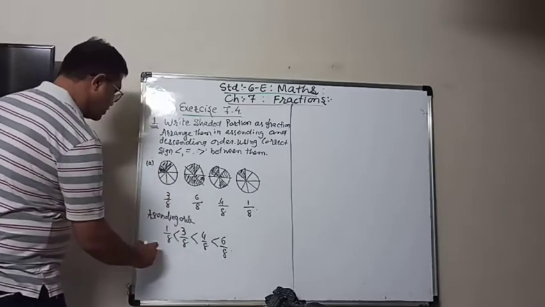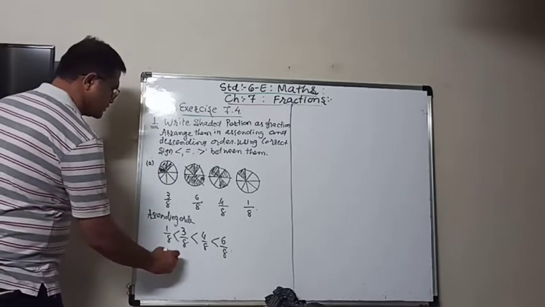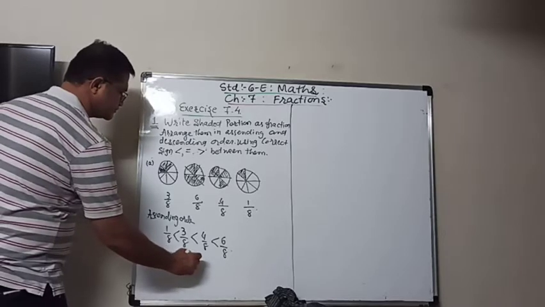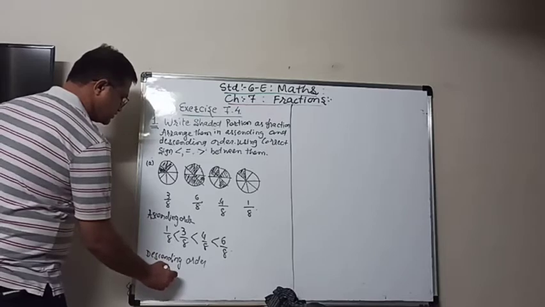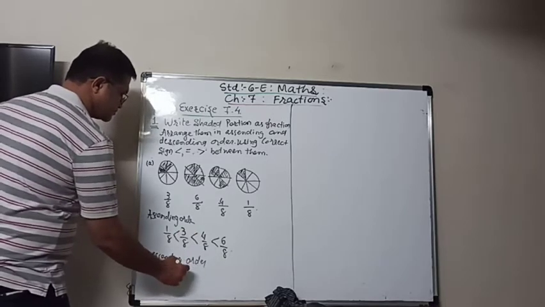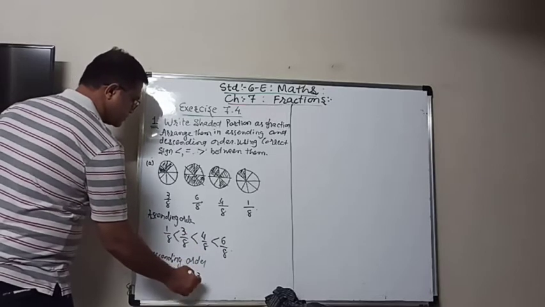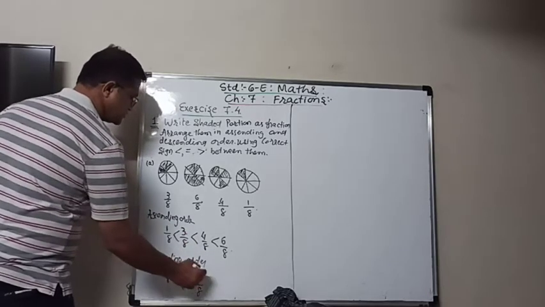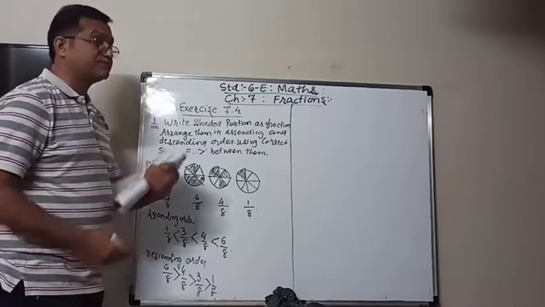Similarly, in descending order, we just have to change the order. Means the largest first, 6 upon 8 is greater than 4 upon 8, which is greater than 3 upon 8, which is greater than 1 upon 8.